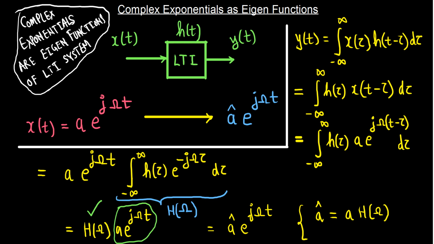And the amount by which the input gets scaled is called the Eigenvalue. So h of omega here is the eigenvalue. This is the eigenvalue, or the scaling factor by which the input is getting scaled.